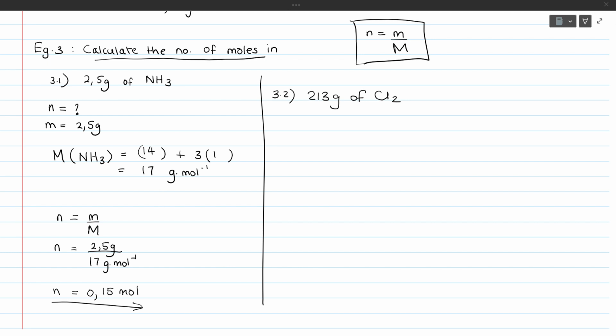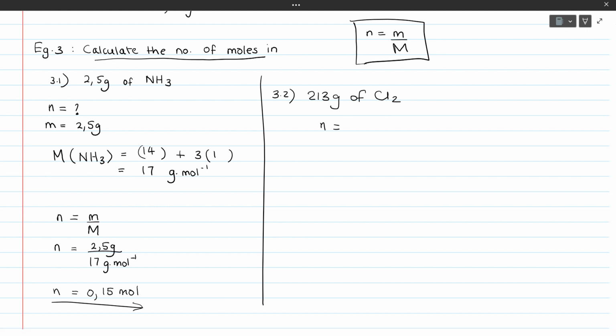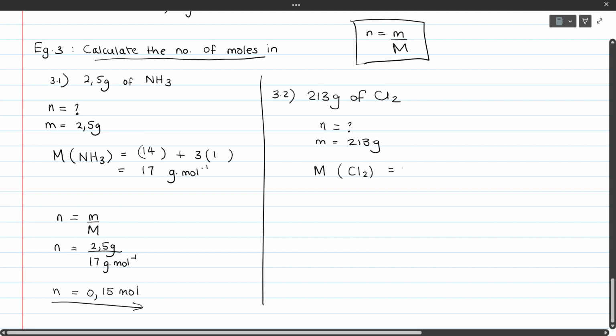Okay, so we seem to have gotten used to this now, I hope, and it's becoming clear what we need to do. In this case, we still want to calculate the number of moles. We have small m to be 213 grams, and obviously now again we need to calculate the molar mass of Cl2. Now again, this is dichlorine, so you have to put your 2 in here, and then you're going to look up your relative atomic mass for chlorine.